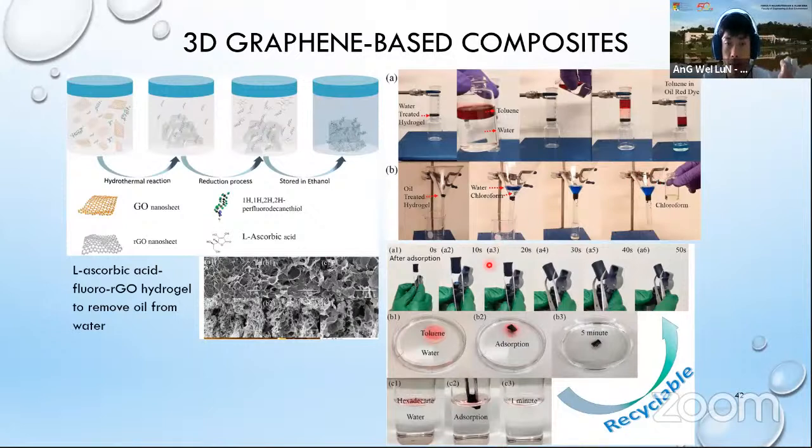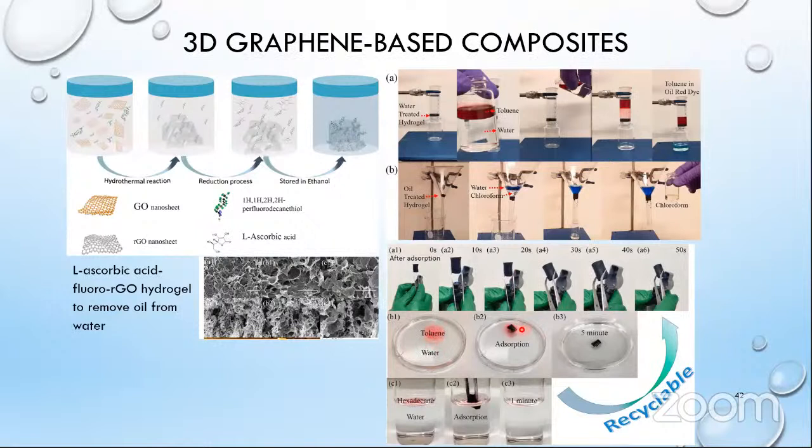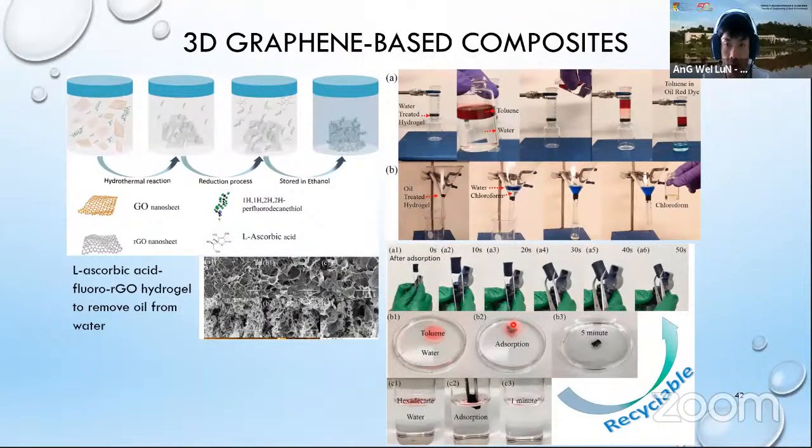Okay. And the interesting part is that you can regenerate this easily. You see, you have toluene, you have water, and then they just put the hydrogel on top of the toluene, and the hydrogel adsorbent will absorb and remove the toluene. So you notice that the red color toluene is being removed from the water.